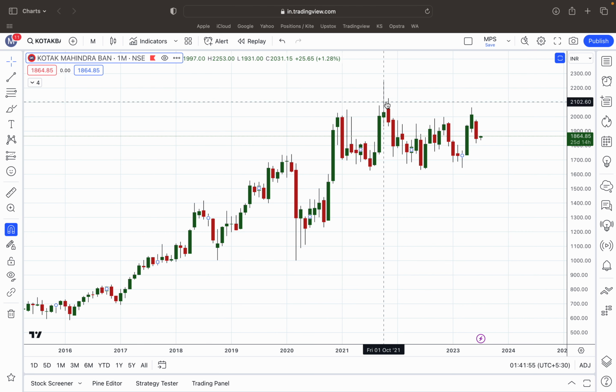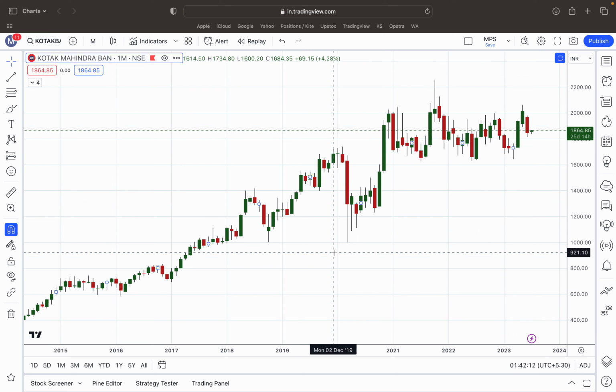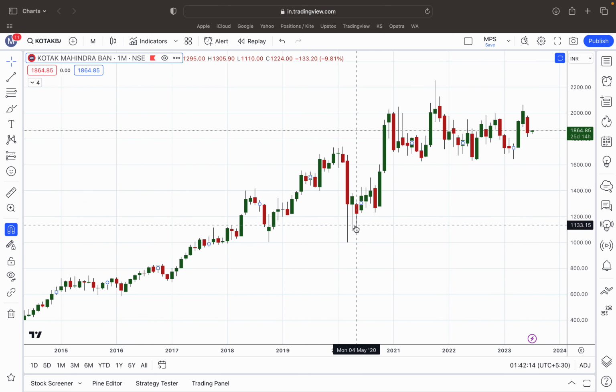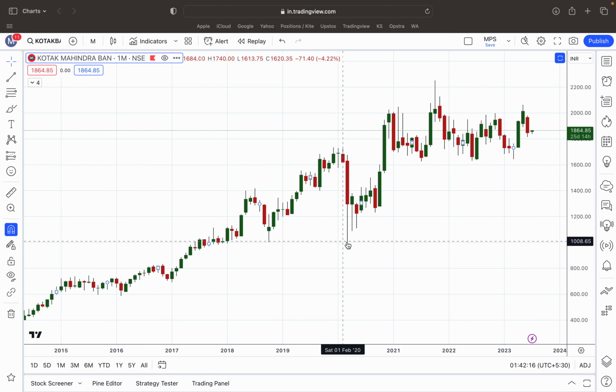Similarly, if an inverted hammer is seen at the top of any uptrend, it represents that sellers are now coming into action. So the location of the hammer and inverted hammer is also very important. Let me repeat, at the bottom of any downtrend.